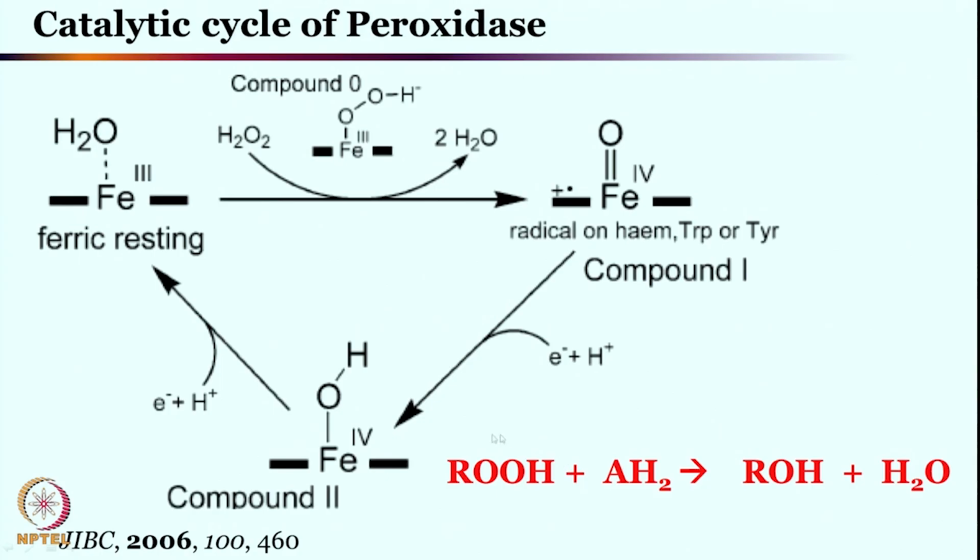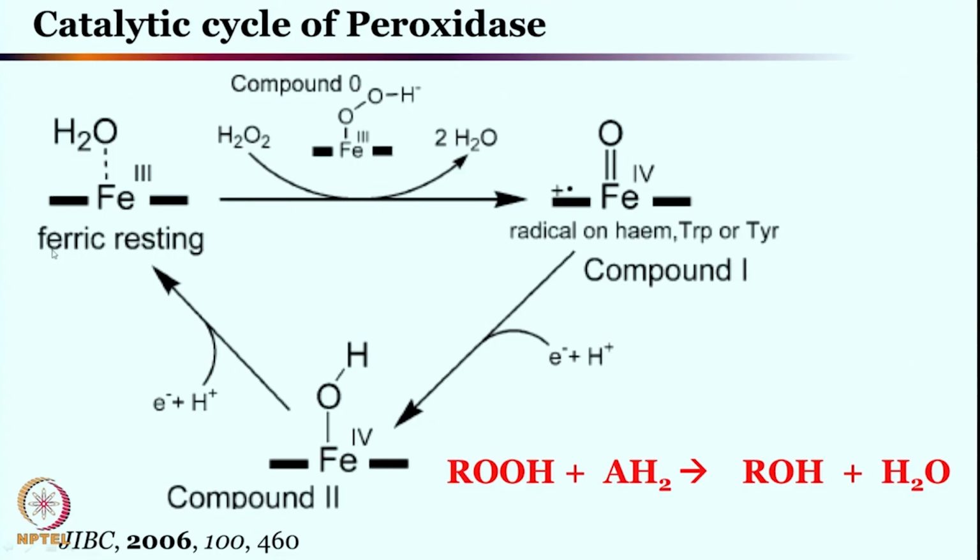Instead of hydrogen peroxide, it can take an alkyl peroxide in the presence of a hydrogen atom donor. It can convert it into the alcohol. If it is, let us say, alkyl peroxide, the corresponding alcohol will be formed along with the formation of a water molecule.